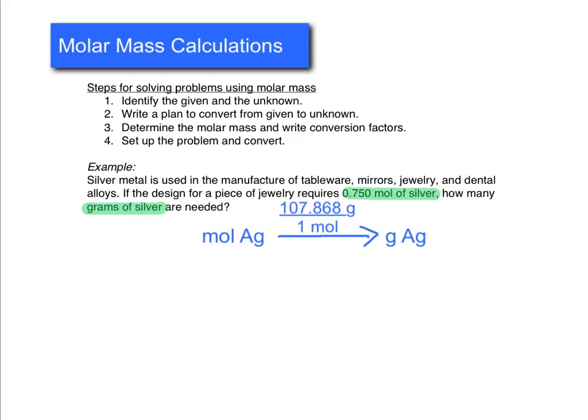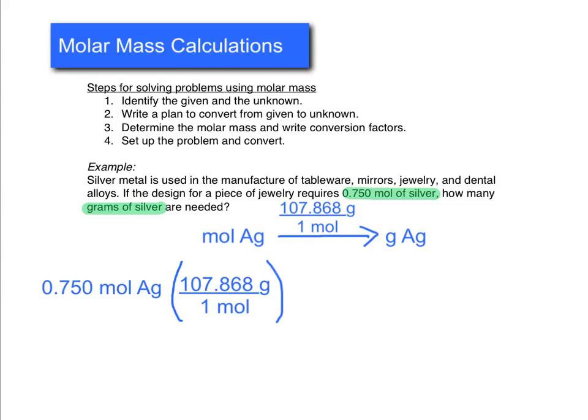Okay, then the next thing that we want to do is set up the problem and do our conversion. So we want to start with what we're given out front always. So that's 0.750 moles of silver. Okay, and then we want to make sure our conversion factor is written in the right way to get our units to cancel. Okay, and I happen to write it in the correct way here. Remember where we want to go, what we're trying to find, that unit always goes in the top.